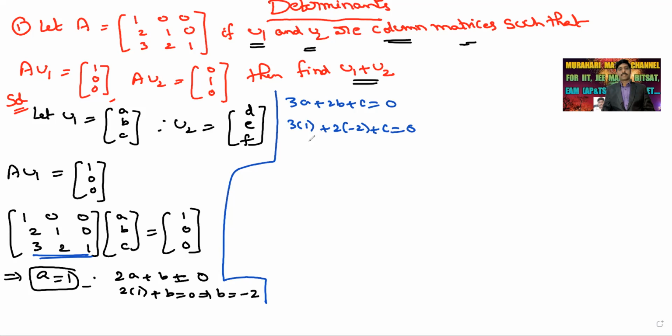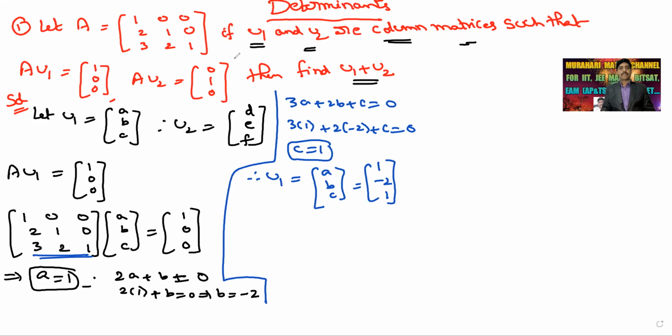This is minus 4 plus 3, minus 1, C is equal to 1. Therefore, U1, we have got ABC values, A is equal to 1, B is equal to minus 2, and C value we have got 1. 1, minus 2, 1. Similarly, we have to find U2.